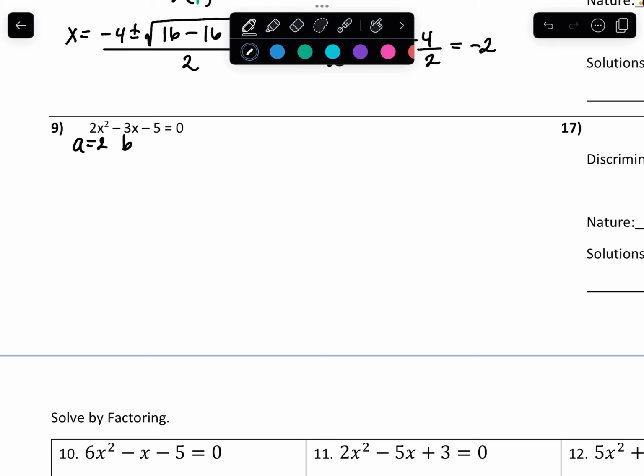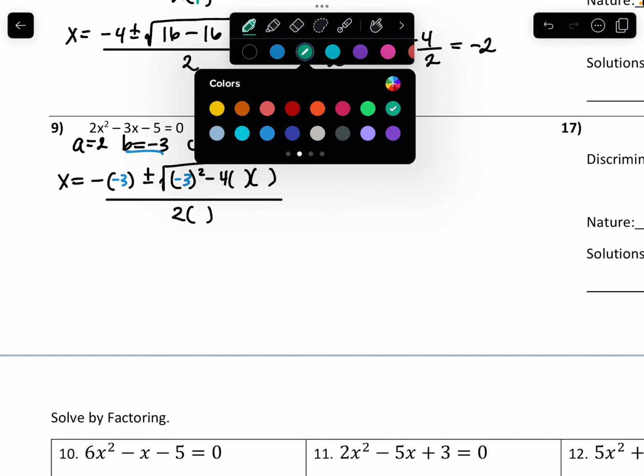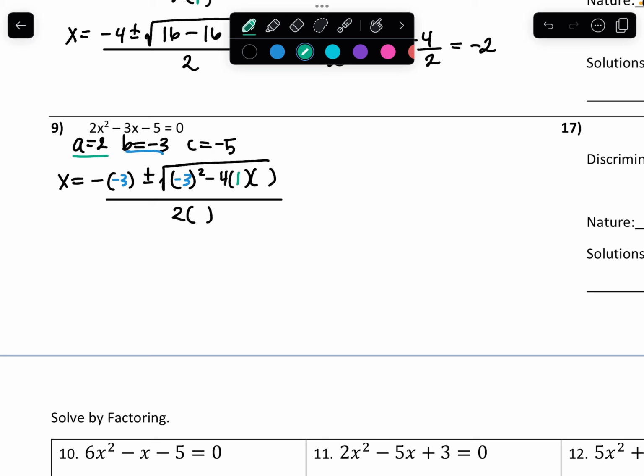9, we have a equals 2, b equals negative 3, c equals negative 5, x equals negative b plus or minus the square root of b squared minus 4ac all over 2a. So b goes in the first two blanks, a goes in the next blanks, top and bottom, and then c goes in the last blank.